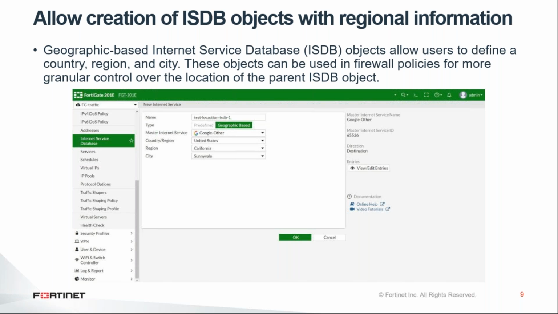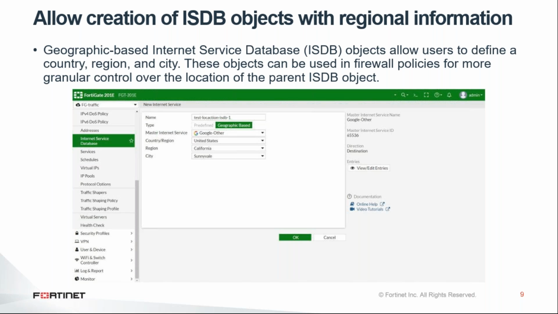So I want to use Google services from the US that are in the region California and hosted in the city Sunnyvale. You can have the same for other applications hosted in Belgium.